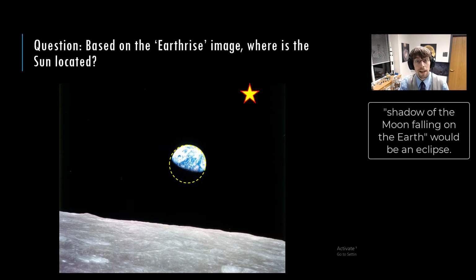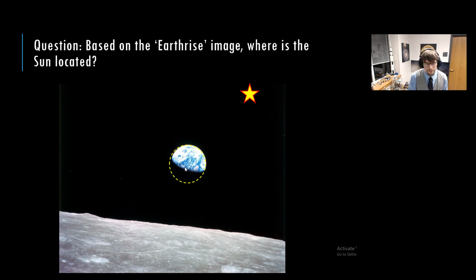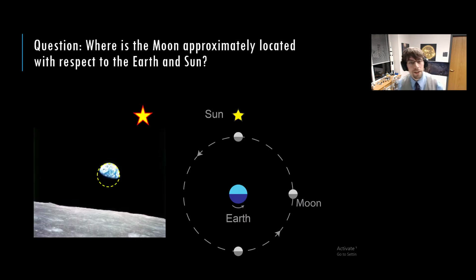Okay? I'll repeat that. You see only a portion of the illuminated Earth because the sun is over here. Okay? Not because the shadow of the moon is falling on the Earth. Okay, good. So as long as we're clear on that, that's just a byline.